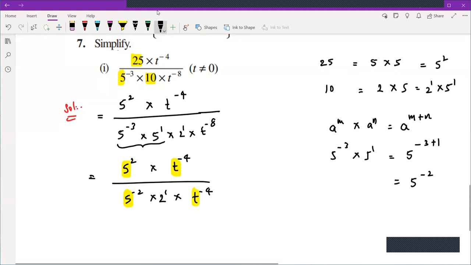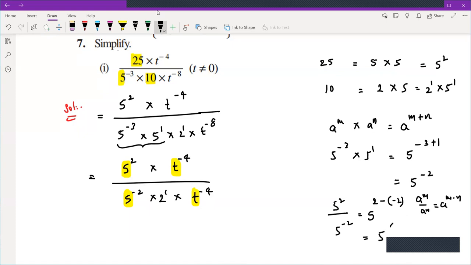Now let's take the first one. 5 square by 5 to the power of minus 2. Here we'll use the formula a power m by a power n equal to a to the power of m minus n. So the base is the same, 5, m is 2, minus in the formula, and n is again minus 2. So that is 5 to the power of 4.